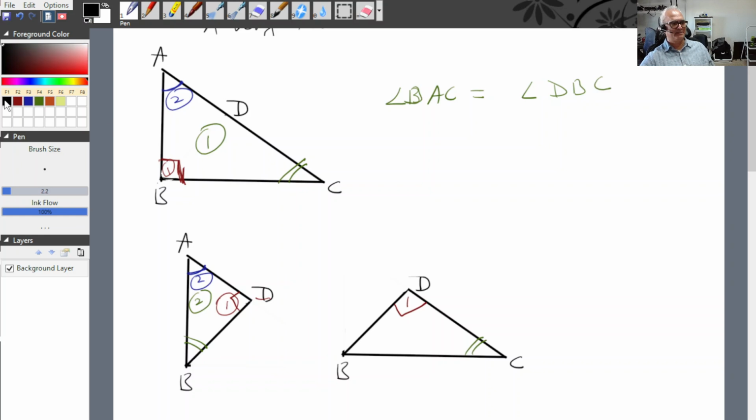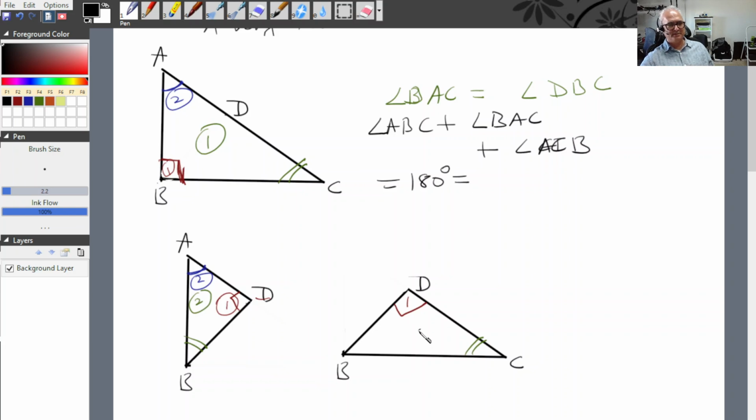Okay, let me just do that. So angle ABC plus angle BAC plus angle ACB is 180 degrees.